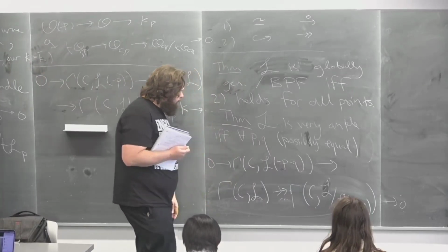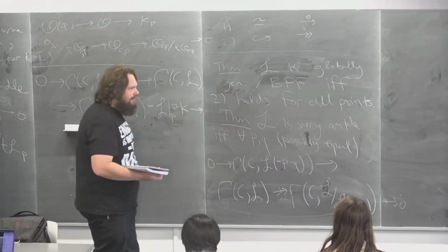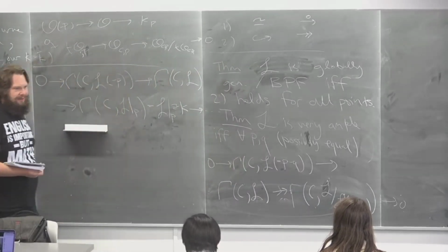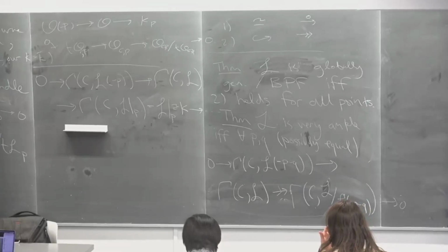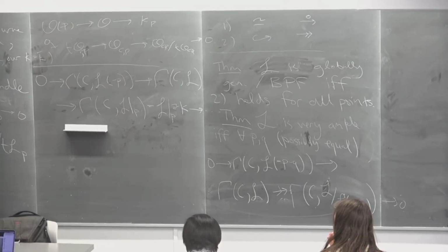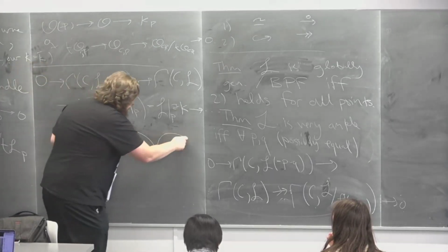Okay. So let me not go through the proof of this, but that's kind of the picture to keep in your head: if you want to check that something is an isomorphism, you have to check that it's a bijection on points, and then you have to check that you didn't do something weird on the tangent space. Because there are these maps which are bijections on points, but not isomorphisms, like normalizing this cusp.